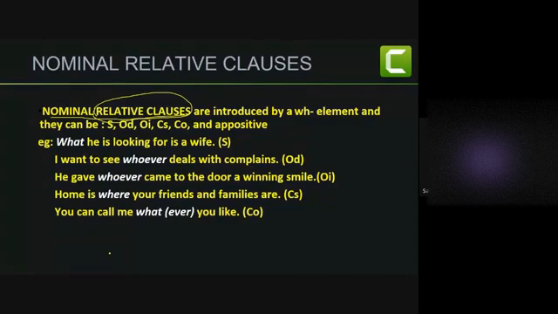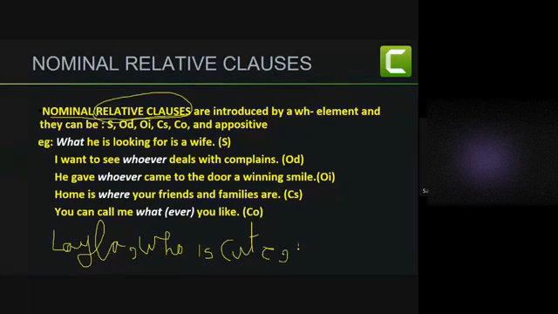How do I make a relative clause with a relative pronoun? Pay attention to me, I will write it here. It takes time. Layla, who is, for example, cute, comma, Layla, who is cute, is my, for example, sister.